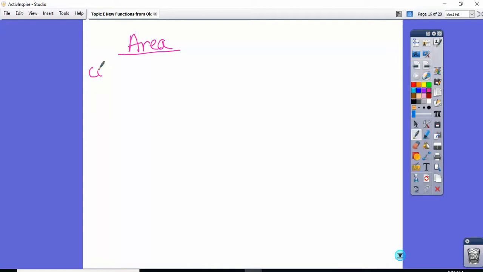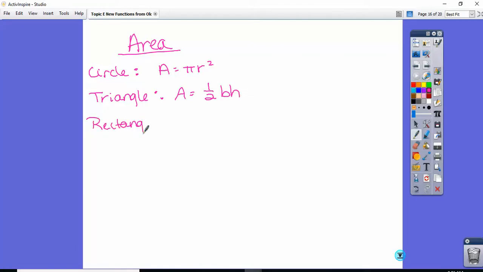So for a circle, area is pi r squared. For a triangle, do you guys remember what area is? For a rectangle, what's your area?